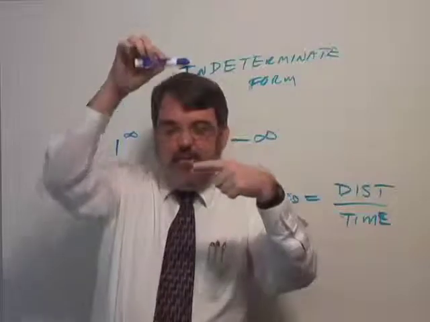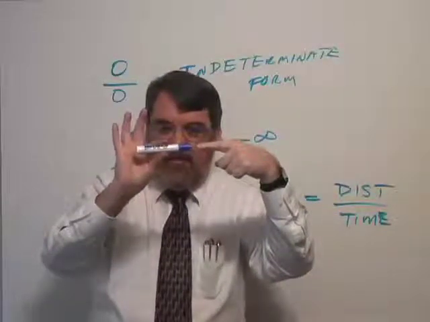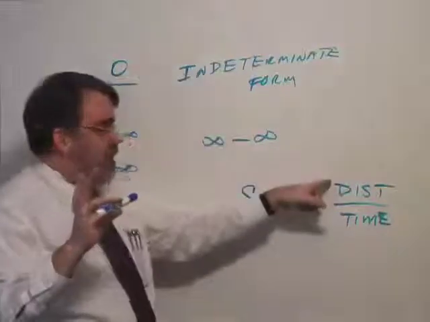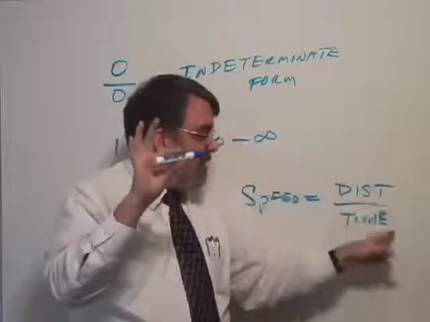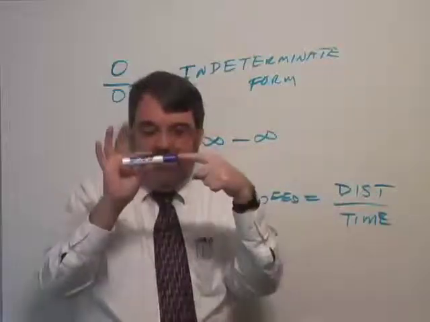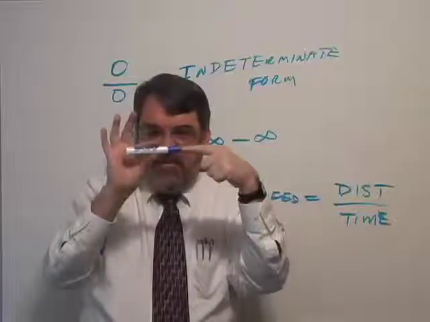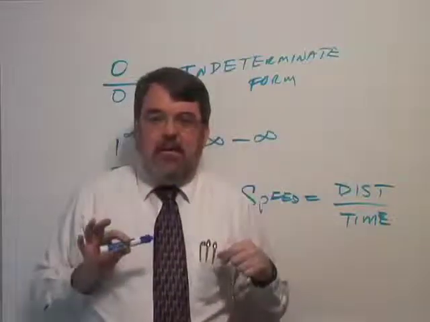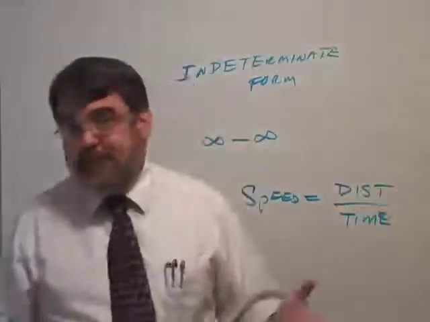How fast is a pen falling at this instant in time? Well, at this instant, how far is it falling? It's falling 0 feet. And how long does it take to fall 0 feet? 0 seconds. So this strange question, how fast is the pen falling at this instant in time, is equivalent to attempting to divide 0 by 0.